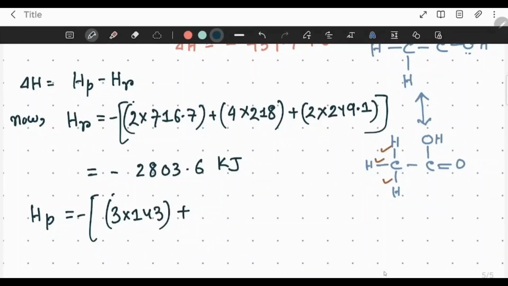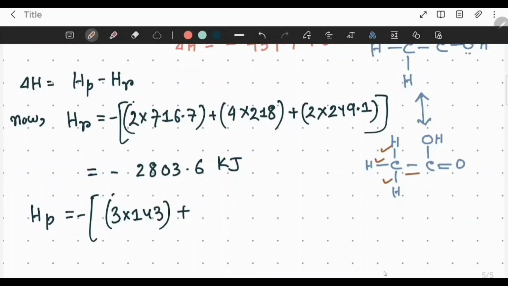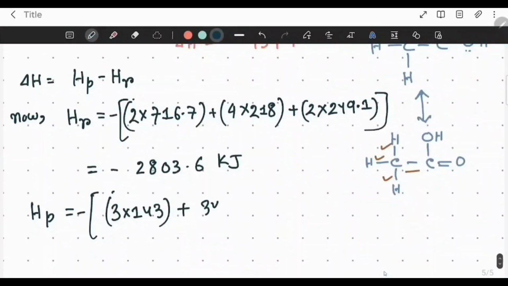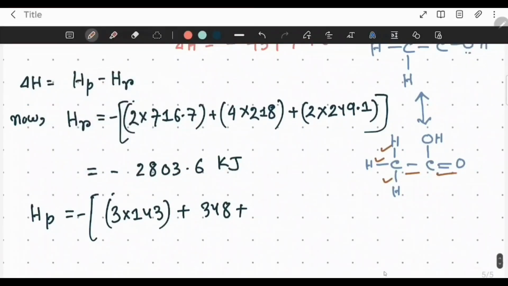Plus, how many C single bond C? Just one, right? So it is 348, plus CO. One C single bond O and one C double bond O, right? And one OH. So we just have to add each one.